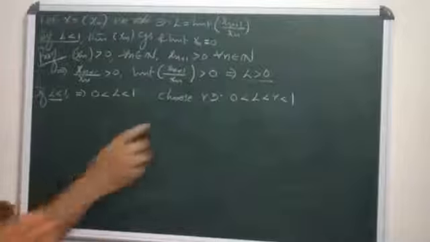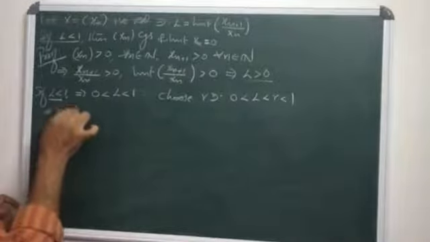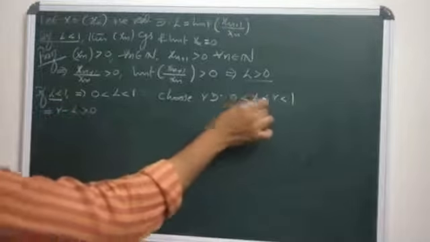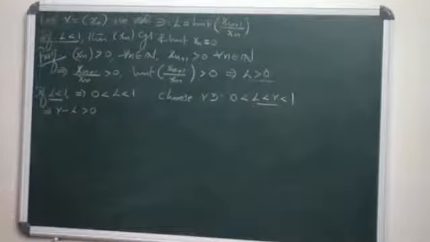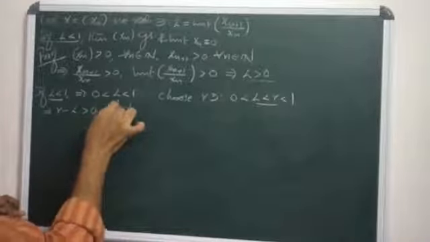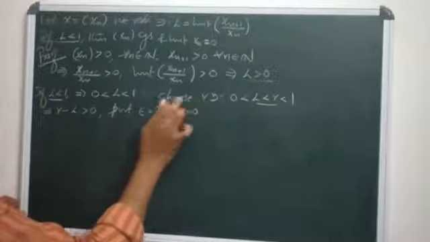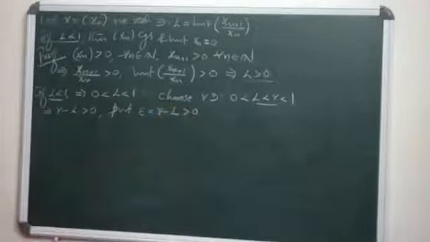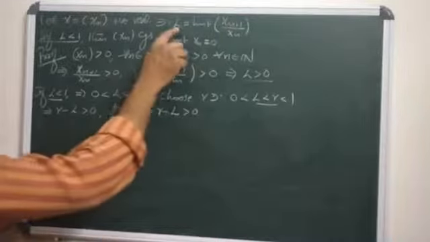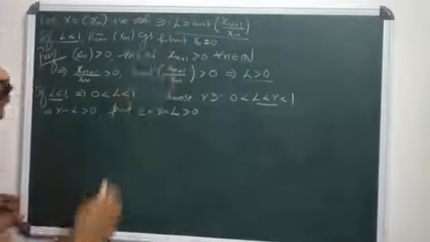Now L less than r means r minus L is positive. Put epsilon equals r minus L. Clearly it is positive. But we know that L equals the limit of xn plus 1 by xn.